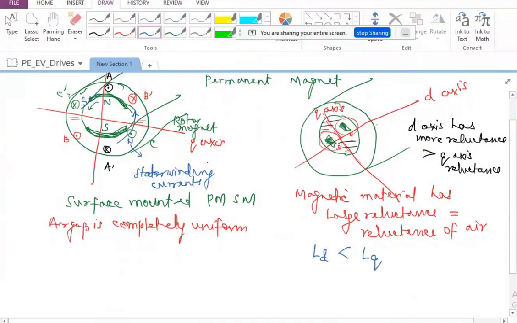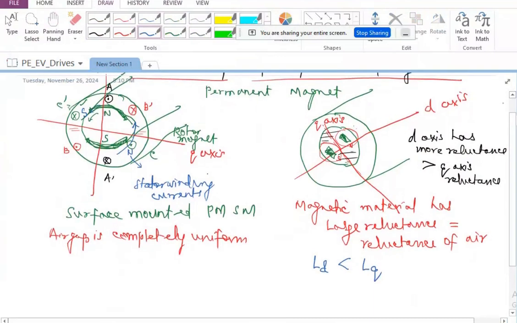So a winding close to the direct axis will have lower inductance as compared to when it is close to the quadrature axis. This is what happens in the case of a permanent magnet synchronous motor where the magnet is buried. This is generally known as the interior permanent magnet synchronous motor.